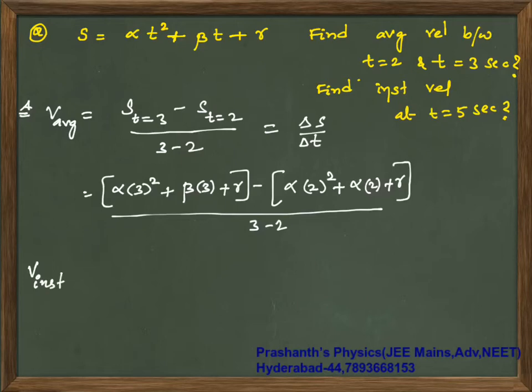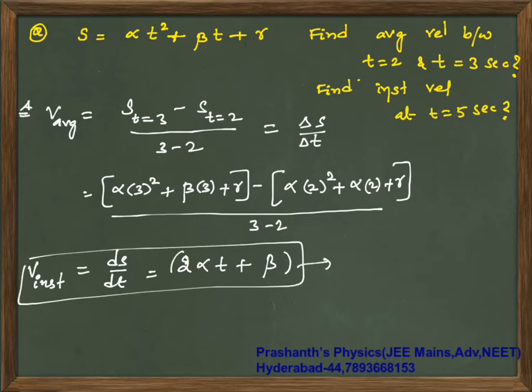And to get V instantaneous is ds by dt. So if you simplify, you will get 2 alpha t plus beta. So your V instantaneous is this, as a function of time. At t equal to 5 seconds, how much?